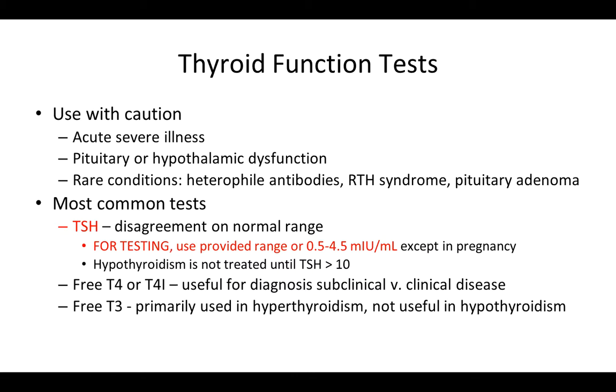Their free T3 and T4 will be elevated, but their TSH is normal. So again, that's called RTH syndrome. It's very uncommon. And then finally, it's possible to have a pituitary adenoma that secretes TSH, and this can look very similar to thyroid hormone resistance.